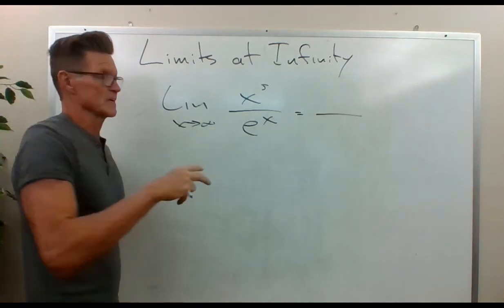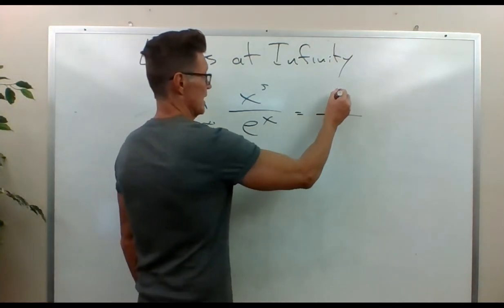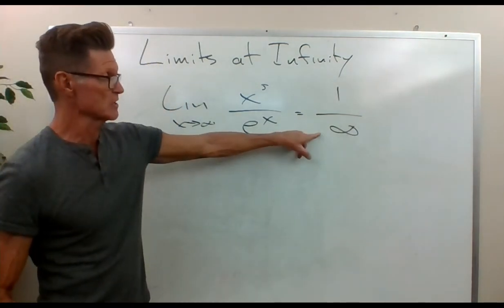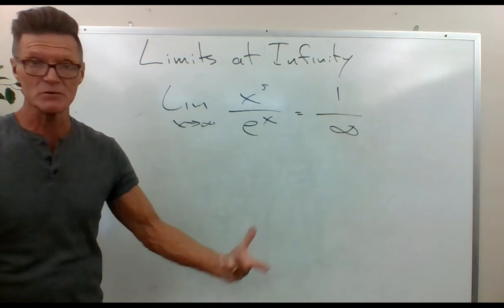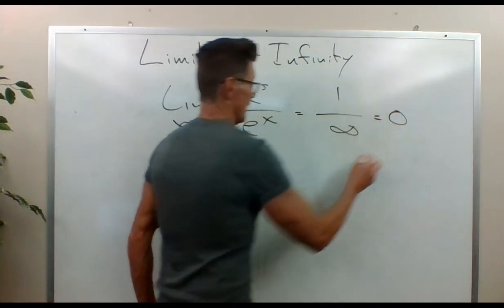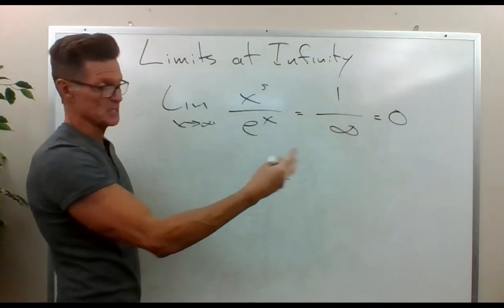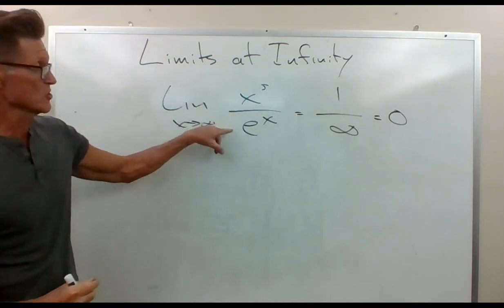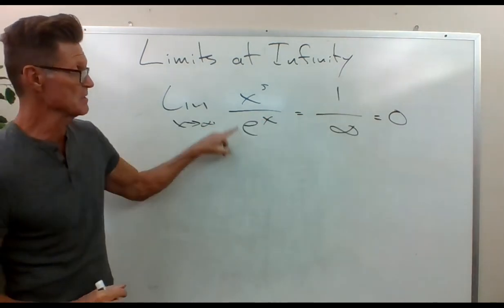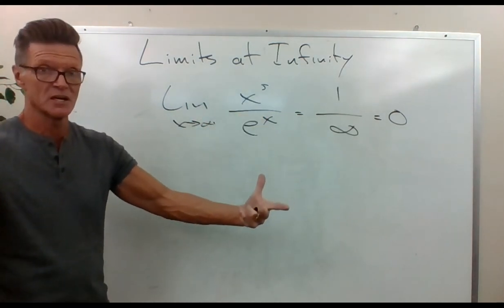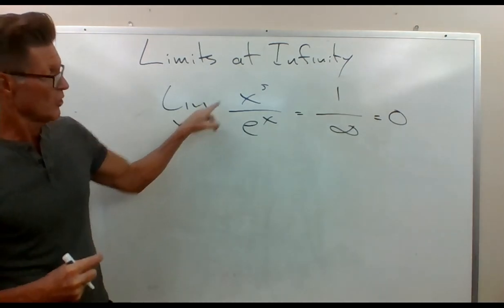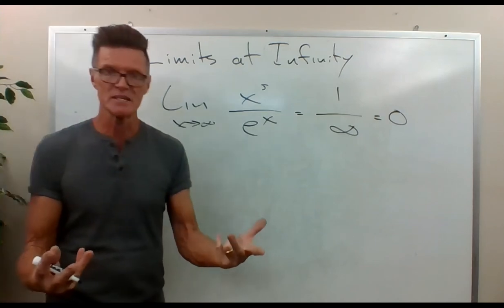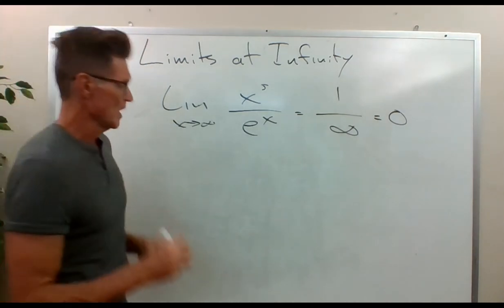And as the denominator of a fraction gets infinitely large, the whole fraction is approaching 0. That's essentially what's happening here, because the denominator is getting larger faster than the numerator. The whole thing is eventually going to approach 0. And again, try it in Desmos and see.